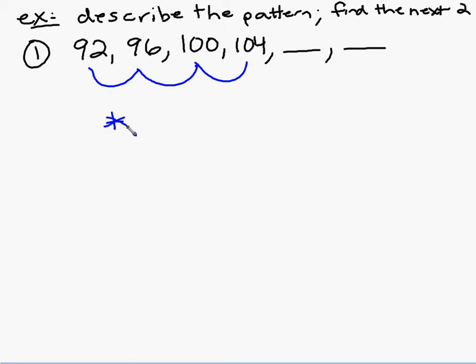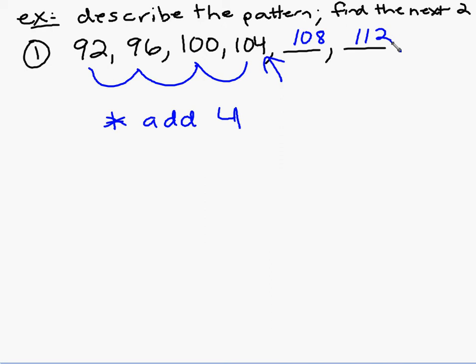That would be part of your answer. I have just described the pattern. I am adding 4. Then I need to find the next two numbers, right? So add 4 to 104, wouldn't that be 108? And then this would be 112, right?